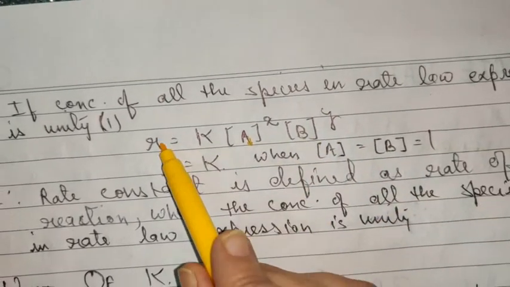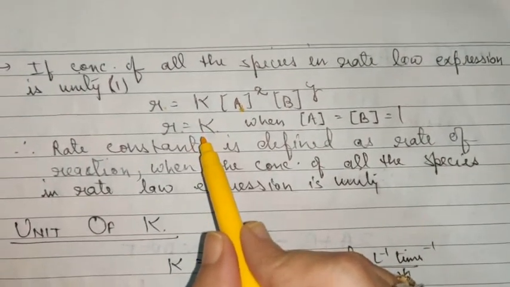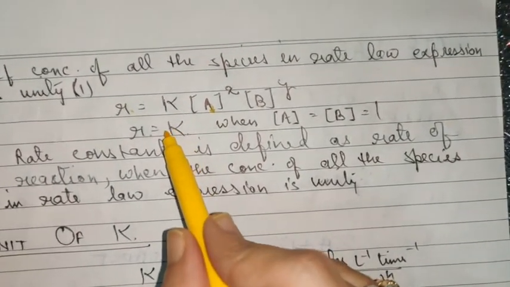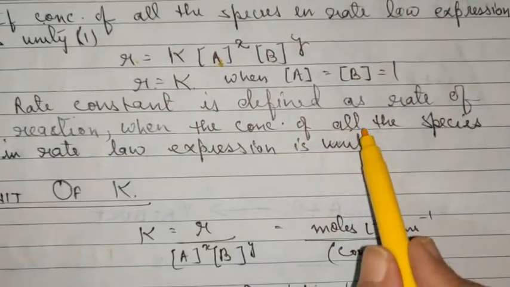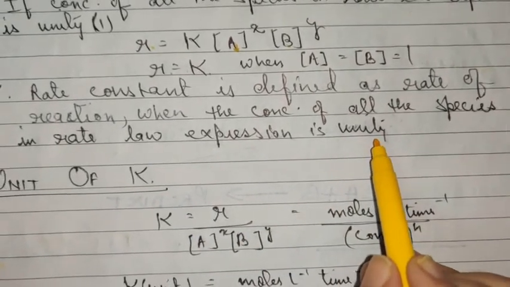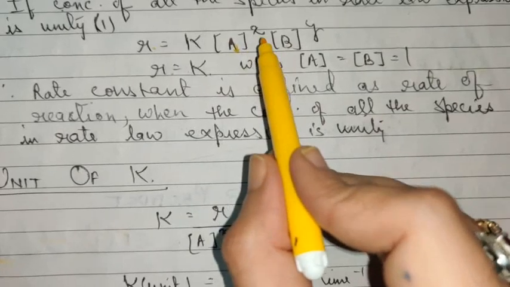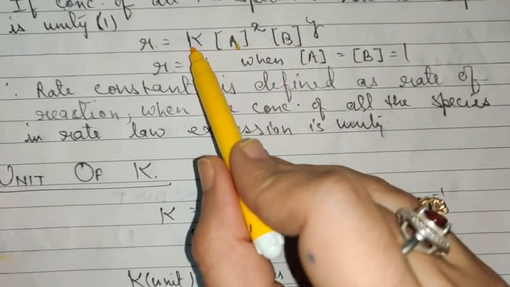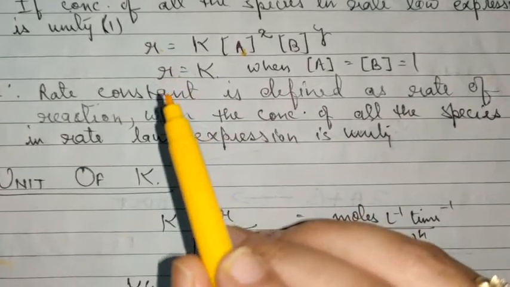So obviously R will be equal to K. So how will you define the rate constant? The rate constant is defined as the rate of the reaction when the concentration of all the species in the rate law expression is unity. That means when all the concentration terms are 1, the rate constant is equal to the rate of reaction.